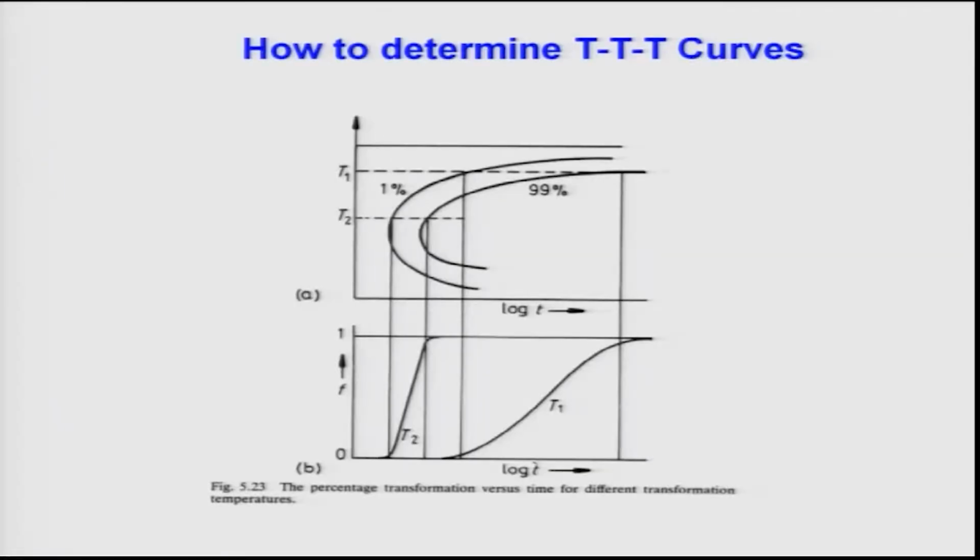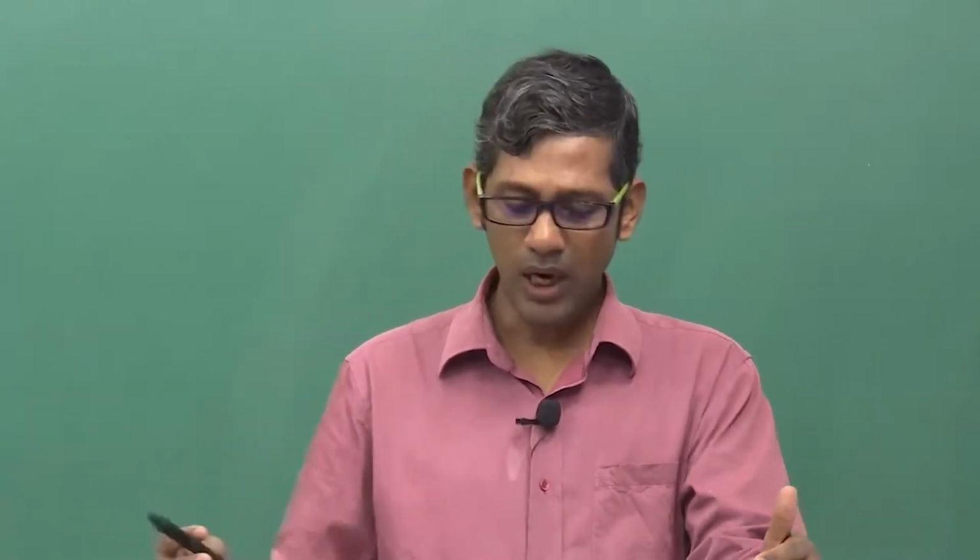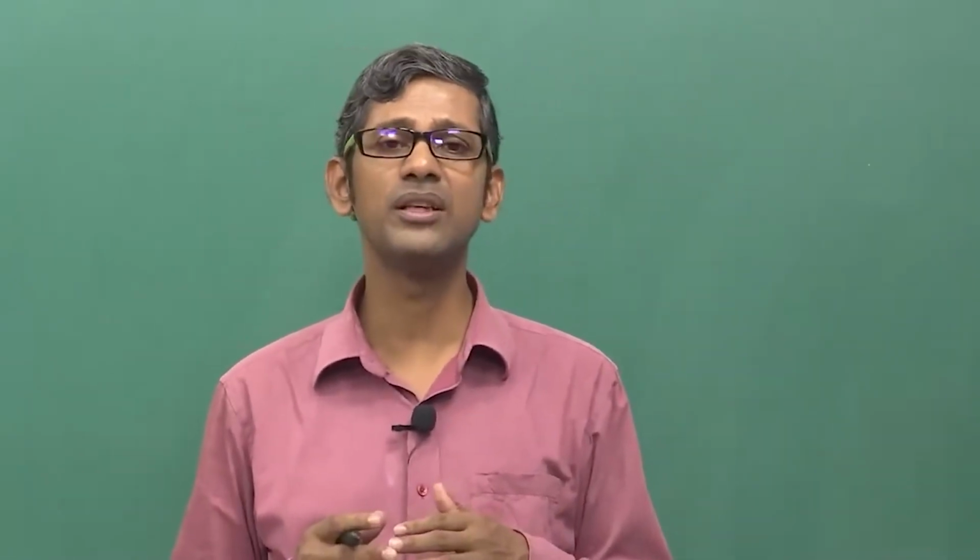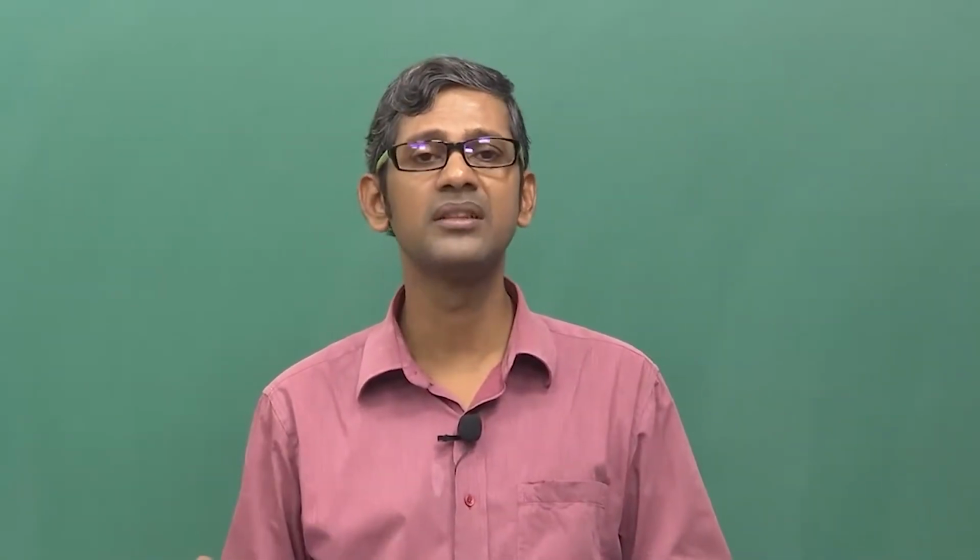As you know, any diffusional transformation has a time dependence, because diffusion needs time. When austenite transforms to pearlite, carbon gets partitioned between ferrite and cementite, so that requires diffusion. Transformation rate depends on nucleation rate and also growth rate, and it even depends on the overlap of the diffusion fields of the product phase and the parent phase.